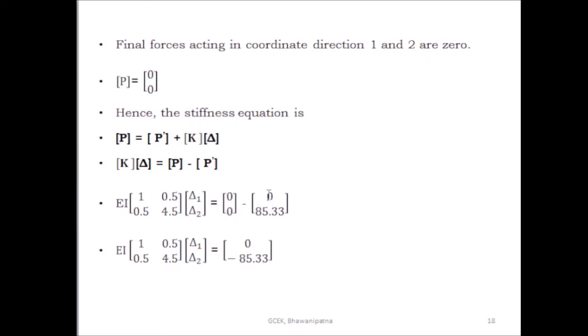This is P dash, the column matrix 0, 85.33, and at the coordinates there are no external forces, so you have to take the 0 column matrix. This is the stiffness matrix, and this is the column matrix of the displacement at coordinate 1 and 2. Then EI times 1, 0.5, 0.5, 4.5, delta 1, delta 2 is equal to 0 minus 85.33.